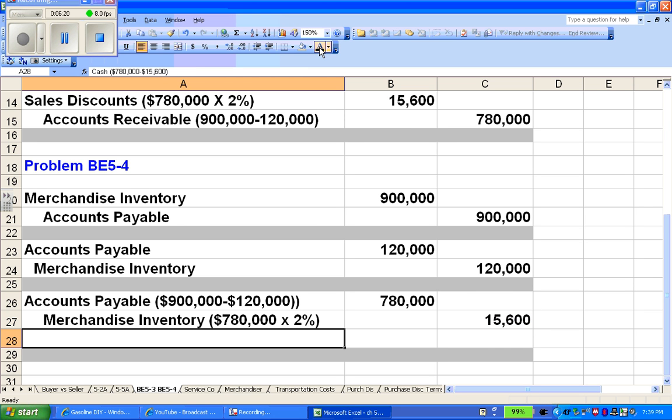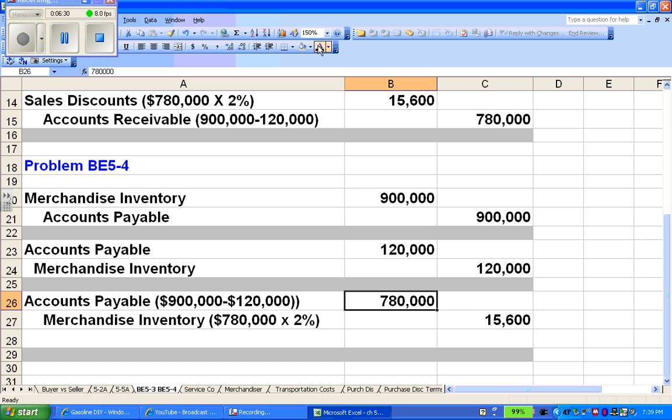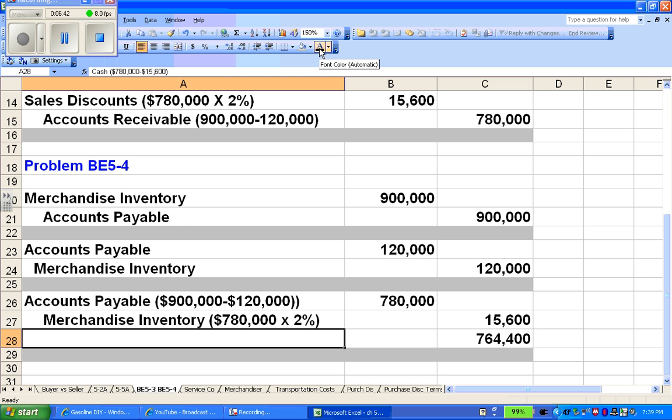All right, then my cash will be less. I'm only going to pay Monroe Company for the difference, right? If we look at my entry, my debits have to equal my credits. Well, I need another amount here for this to balance. I need 764,400. What am I crediting? Well, we're paying cash, right? We're paying what we owe to Monroe Company. And there's the cash.